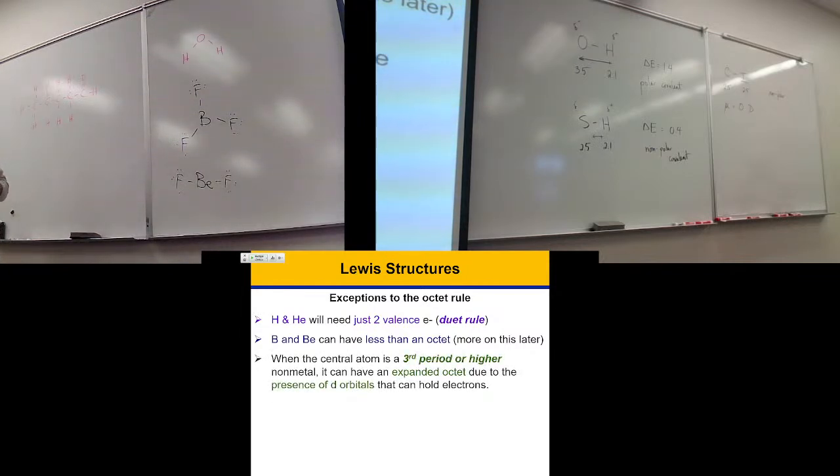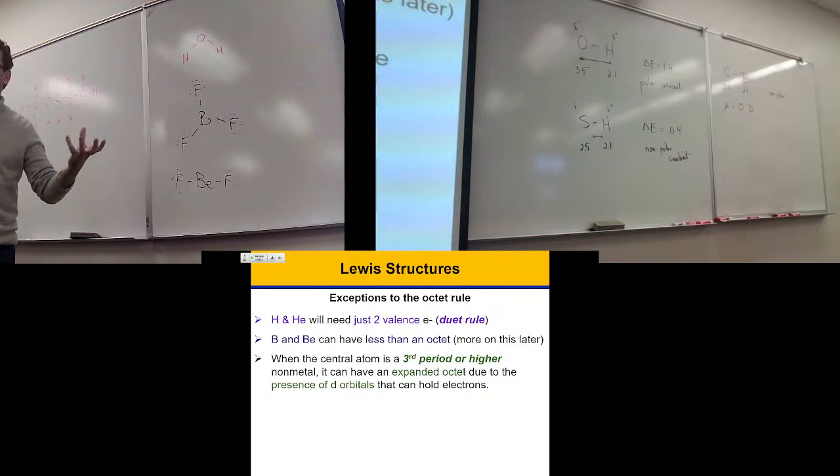But then, when you get to period 3 or below, lower on the periodic table, you can actually have more than 8 electrons. So if there are going to be cases where there's no way to add your electrons to your Lewis structure unless you put them on the central atom and then you're breaking the octet rule, that's okay.